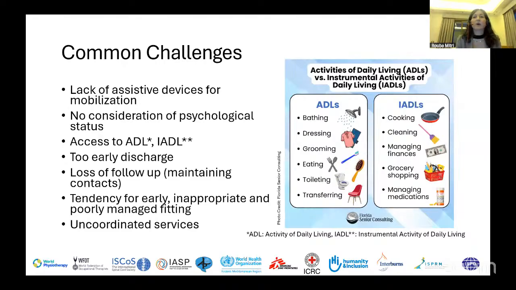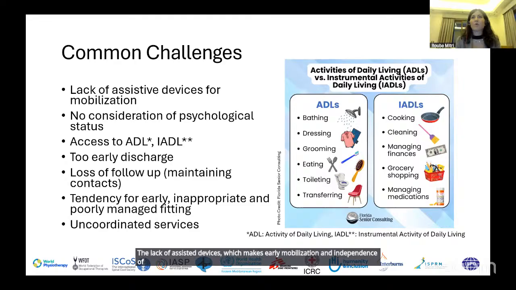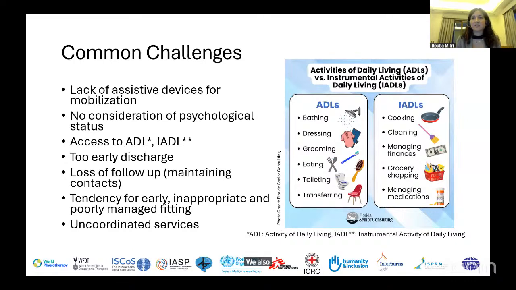Again, with some additional common challenges to mention. The lack of assistive devices, which makes early mobilization and independence of the patient more challenging and more difficult. We also see limited attention to the psychological status of the patient, even though trauma and emotional distress are very high in situations of conflict.